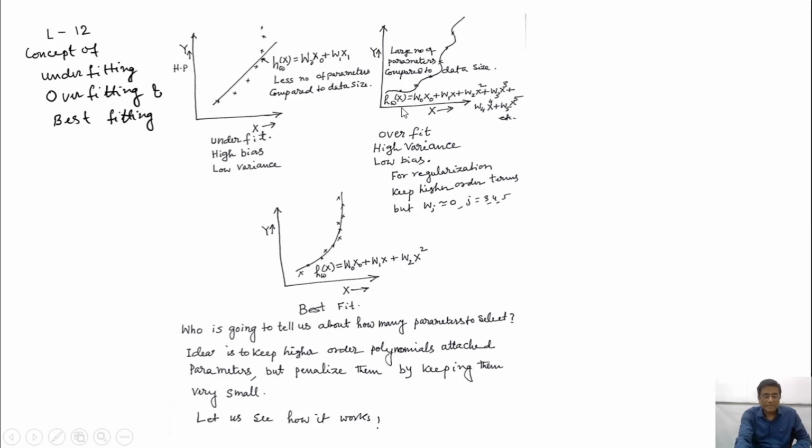On the contrary, I have this sample, and then I have decided to design a hypothesis incorporating many parameters. Say for example, w0 x0 plus w1 x plus w2 x square plus w3 x cube plus w4 x to the power 4 plus w5 x to the power 5 plus w6 x to the power 6.